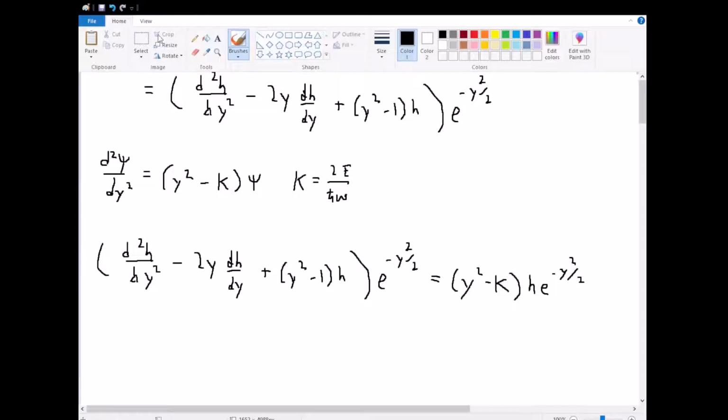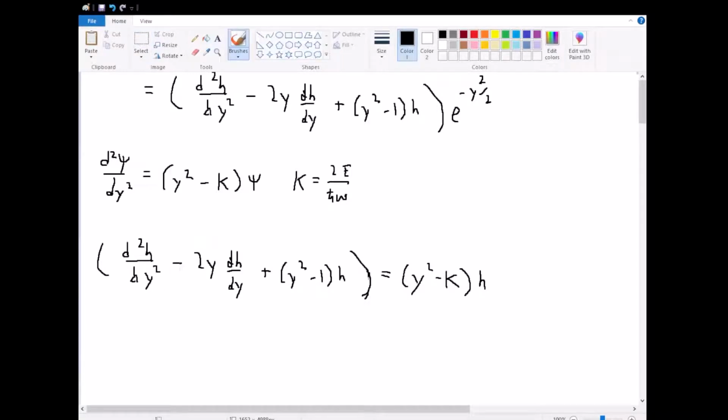So immediately we can cancel out the two exponentials. And now, instead of having an equation in terms of psi, we have a function in terms of h, and our new goal is now to solve for h.